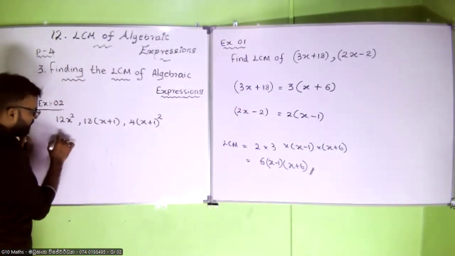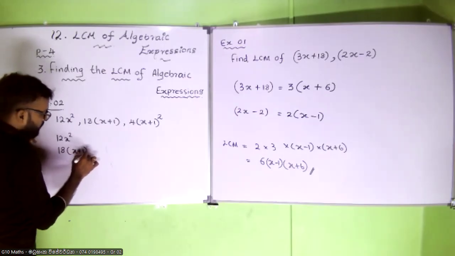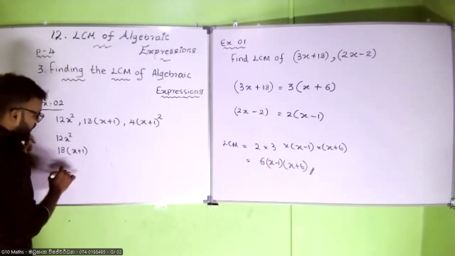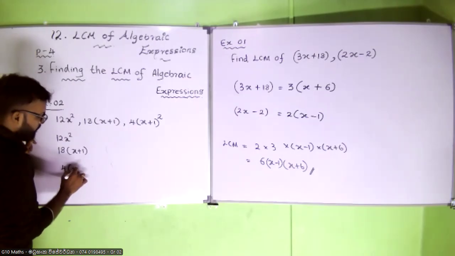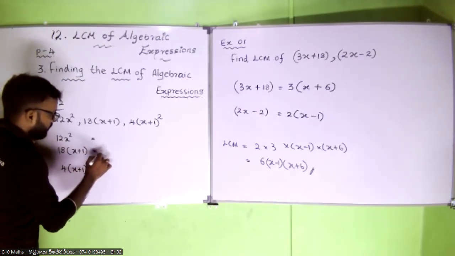So first of all, I will write 12x to the power 2, 18 times x plus 1, and 4 times x plus 1 to the power 2.